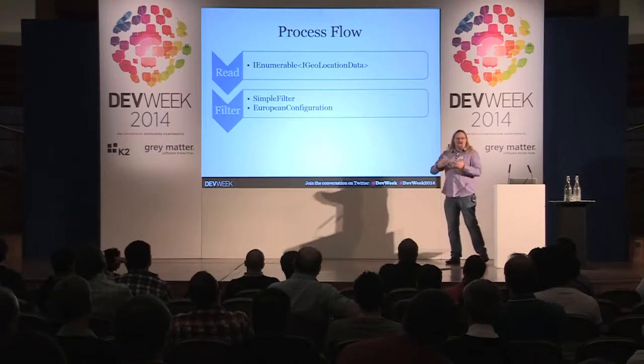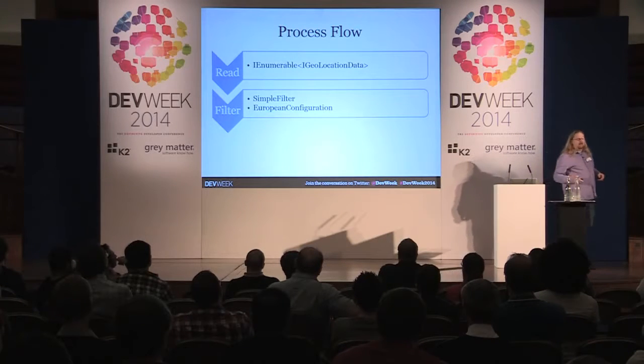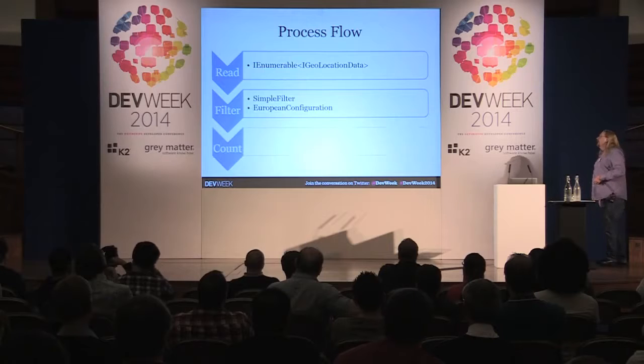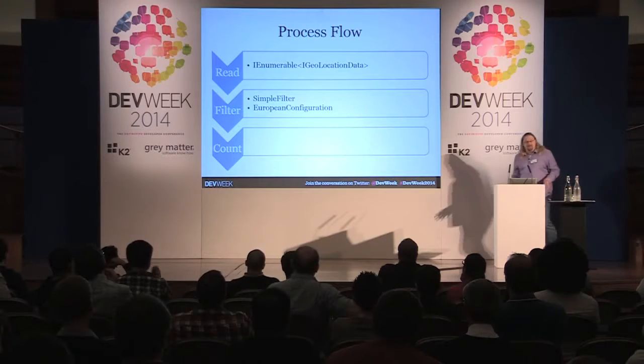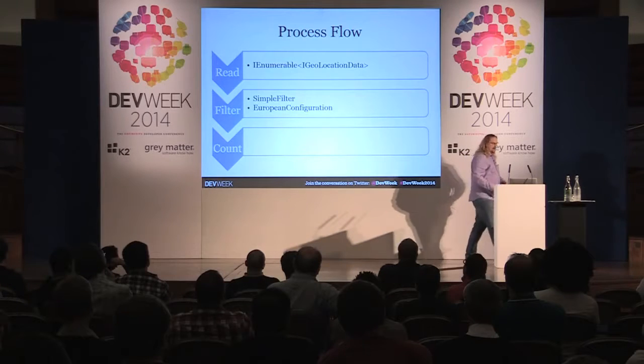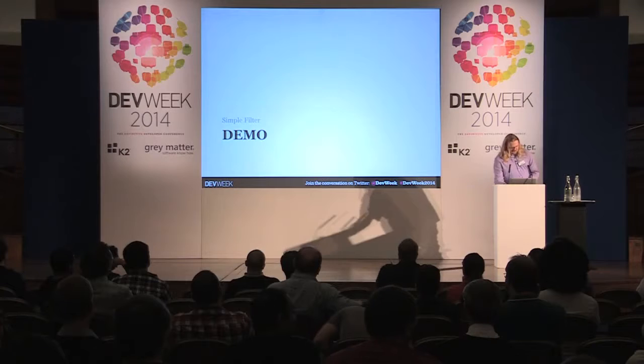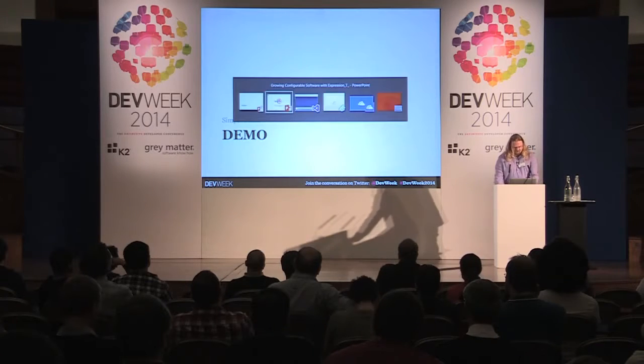We're going to apply a simple filter to it, using what I'm referring to as a European configuration, and I'll go into that in a minute. And we're just simply going to count the results. That's all we're really going to do, but hopefully this should demonstrate what it is that we're doing. Okay, so enough slides. Let's bring up some code.